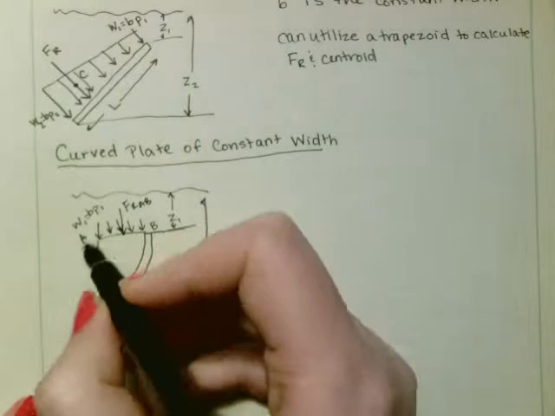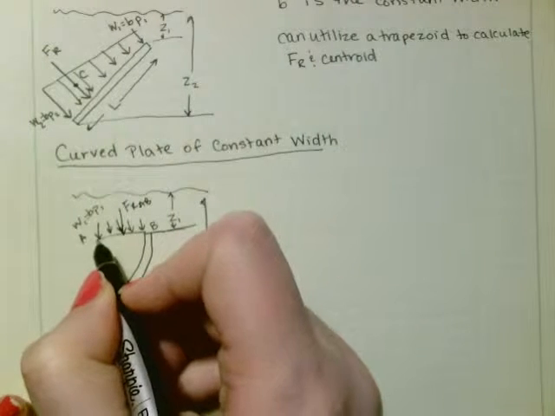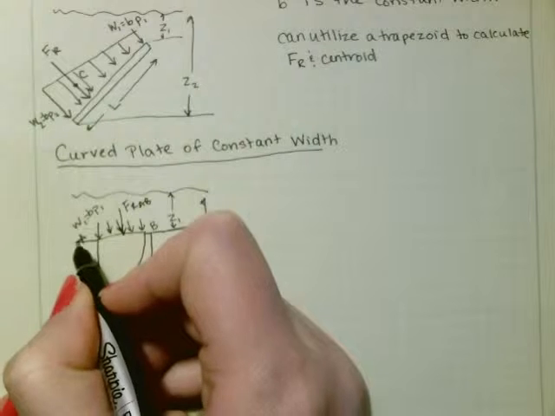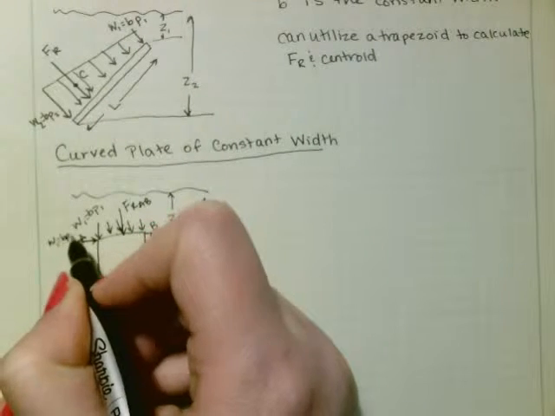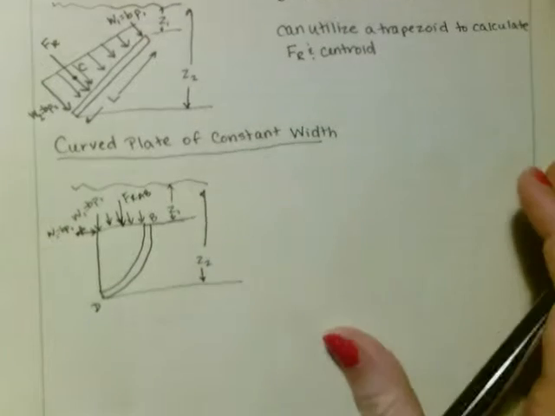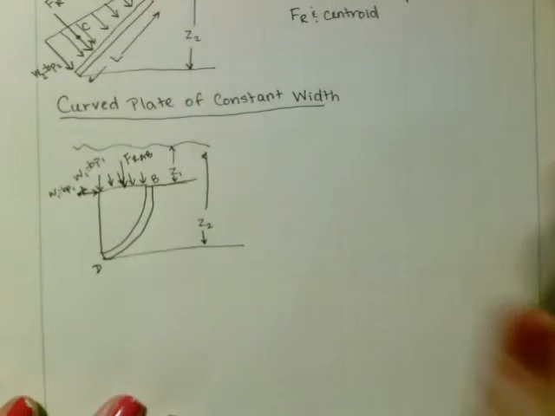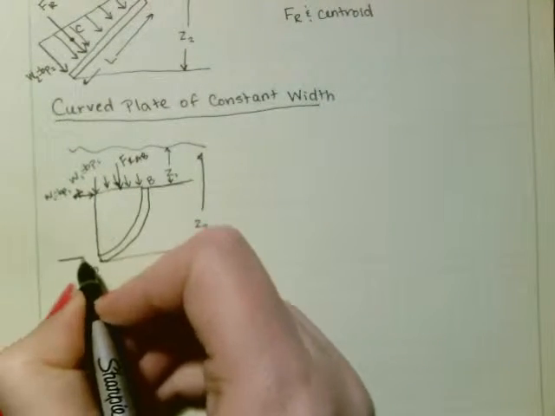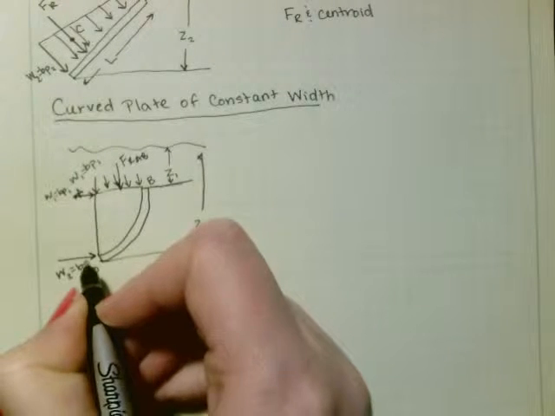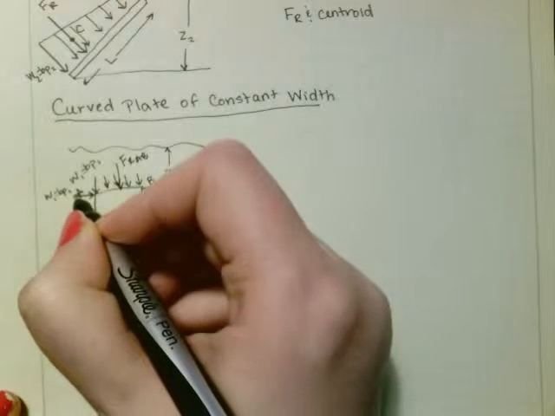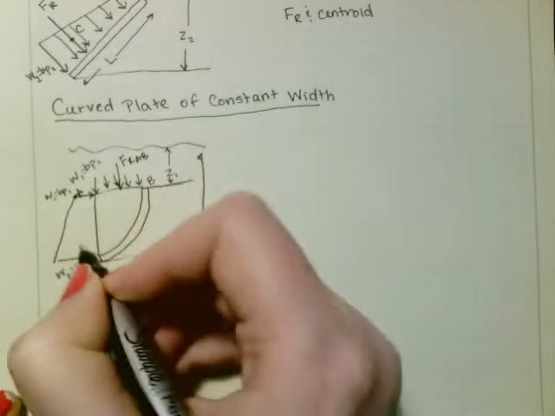So this is going to be equal to the resultant force for AB. Okay? And then down here it's going to vary with the depth, so it's going to start out at W1 equal to BP1, and then it's going to get larger all the way down to here where it's W2 equal to BP2, and we're going to have that same trapezoid shape.